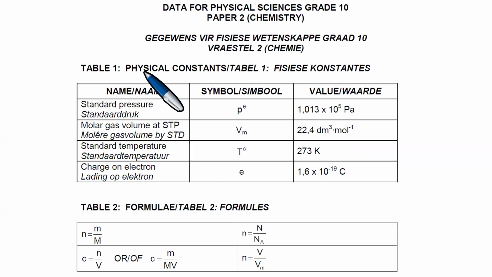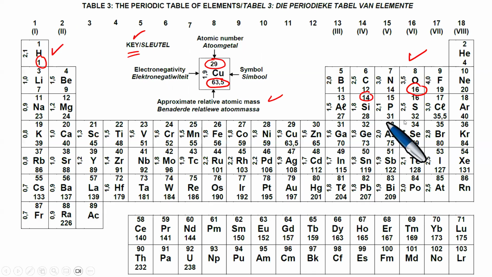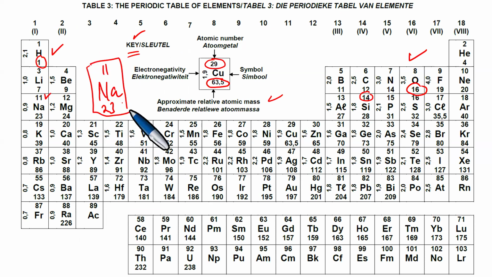If you check very carefully, element 11 is sodium. So you can see that 11 is this one here, which is sodium. So if you have 11, it's sodium, and it is 23 here. Now, the atomic number is the number of protons, and therefore there are 11 protons here, and this shows sodium.